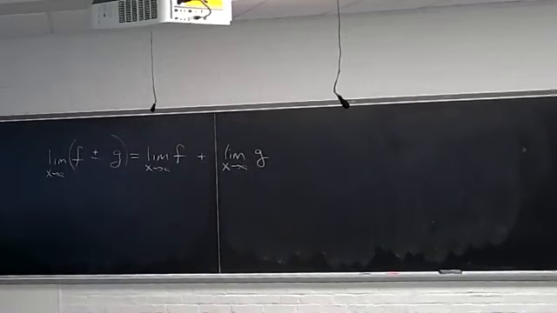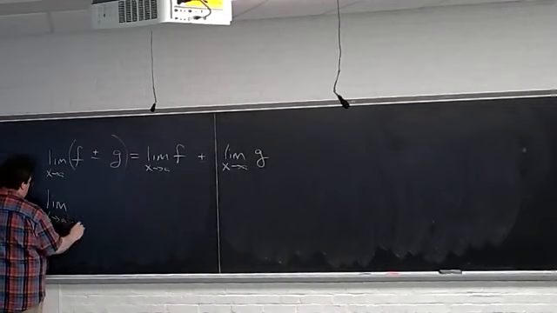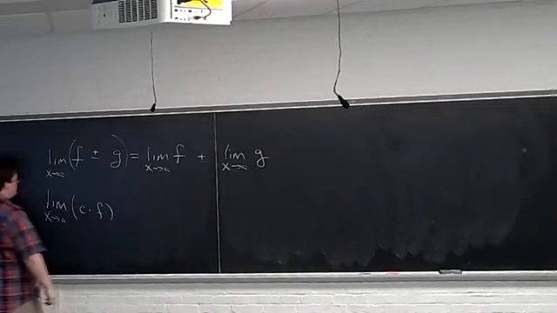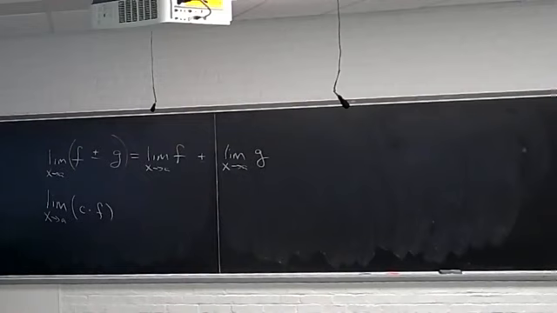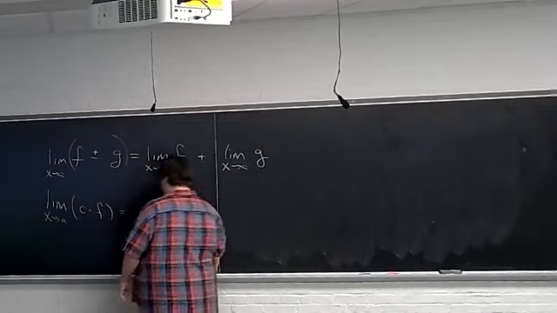But rule 4, I'll illustrate. Rule 4 says if you want the limit of some constant times your function. This is a very important rule. We're going to use this and its consequences probably every week. Yeah, every week.